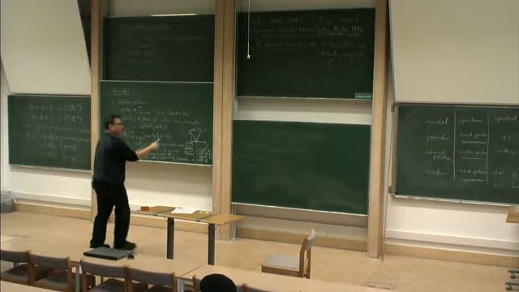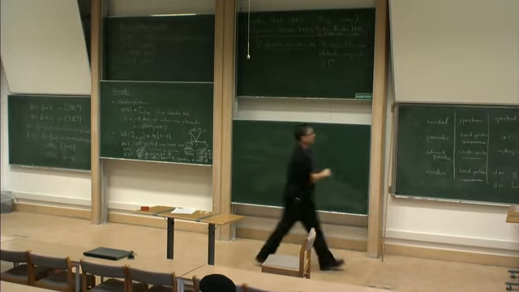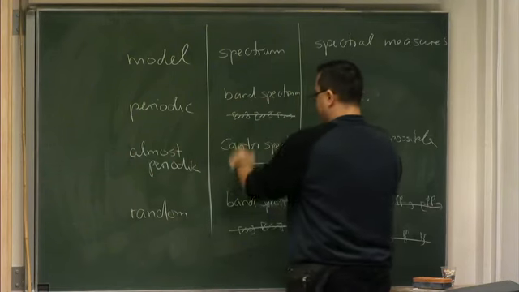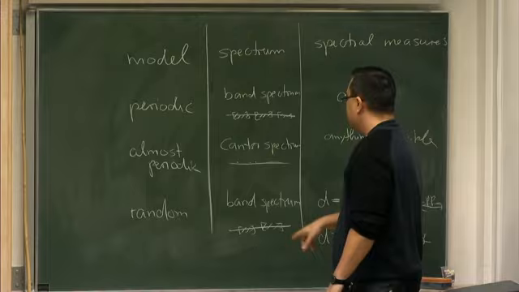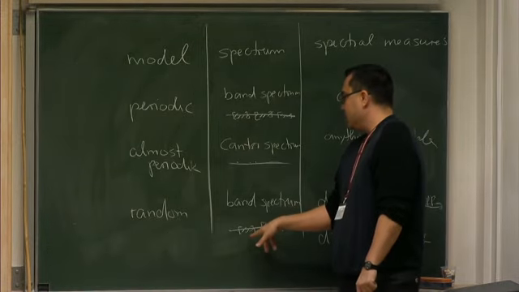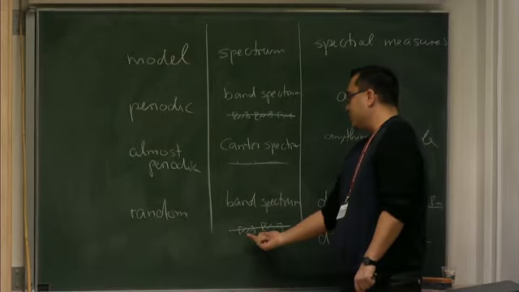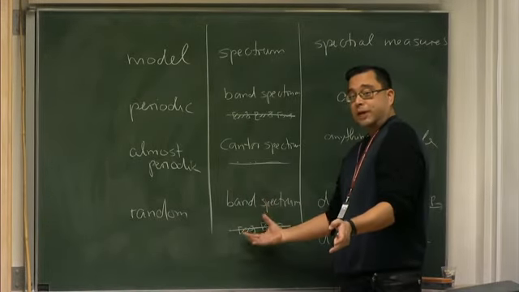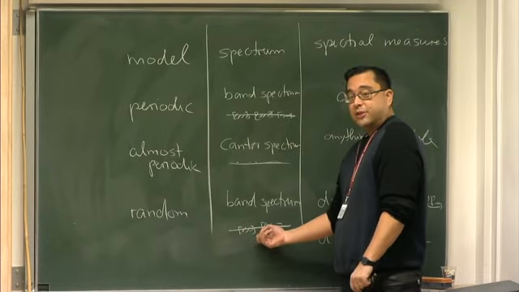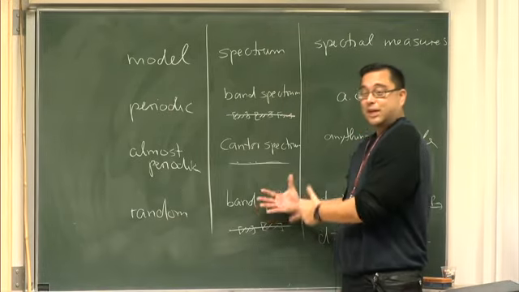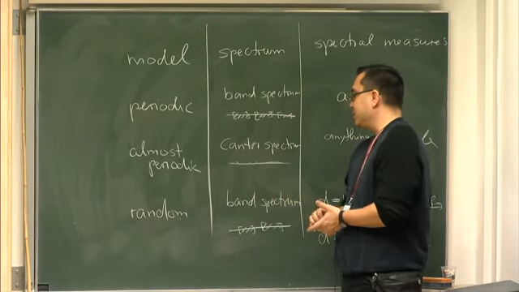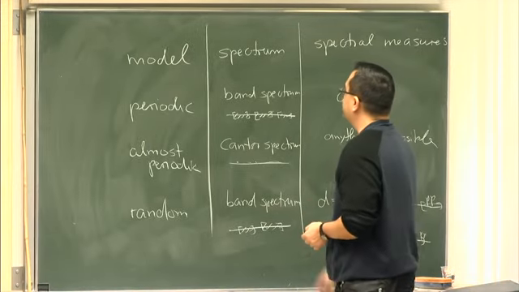So yesterday I talked a little bit about how these band spectra arise. In particular, in the random case, not only did we see that the typical spectrum has this band gap shape, but also that the set is the same for almost all realizations of the random potential.